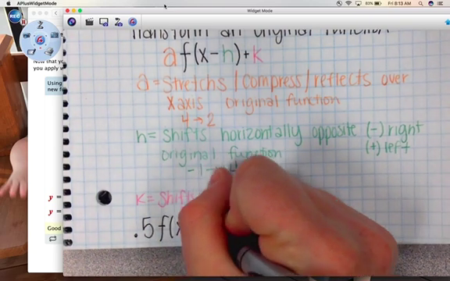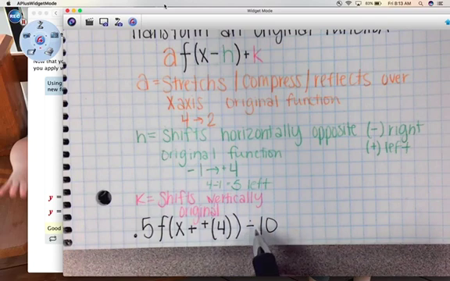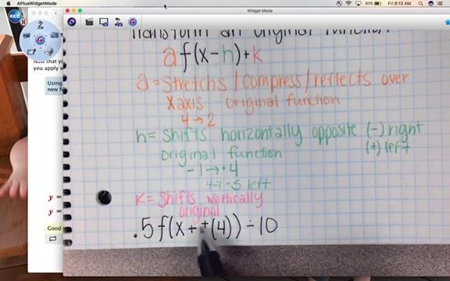So then, notice it moved left, and the -10 moved it down. So positive, positive, so that's why it moved left 4. It moved the original function left 4.